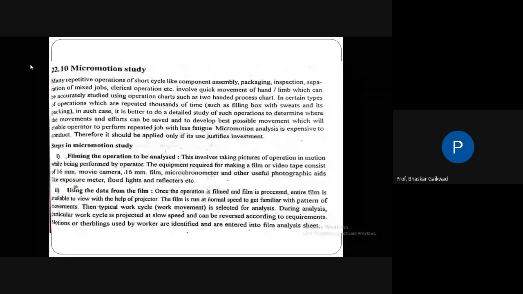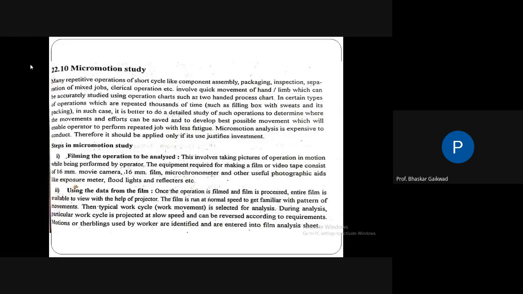Micro motion study analysis is expensive to conduct, therefore it should be applied only if it is used to justify the investment. Because we actually require a lot of devices, and to study these small activities we require more time.